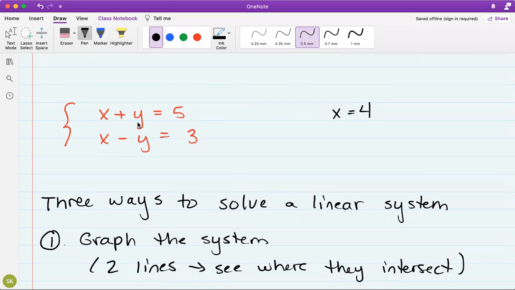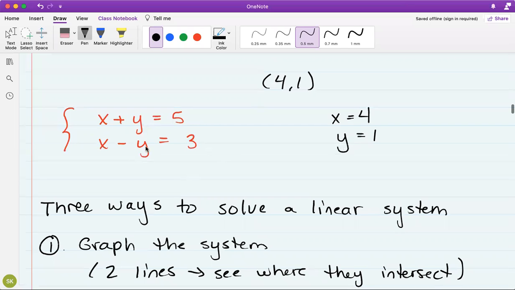It doesn't matter which one. And then you use that to find y. So if I plugged in 4 here, I would subtract 4 from both sides and I get y is equal to 1. So I have the point (4, 1) that satisfies this problem. Notice that if I put 4 plus 1 here, I get 5, and 4 minus 1 is equal to 3. So that is the solution.